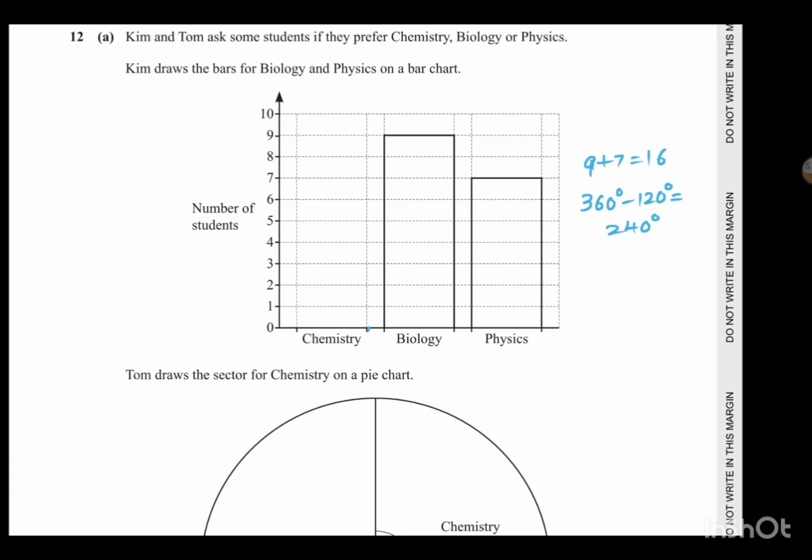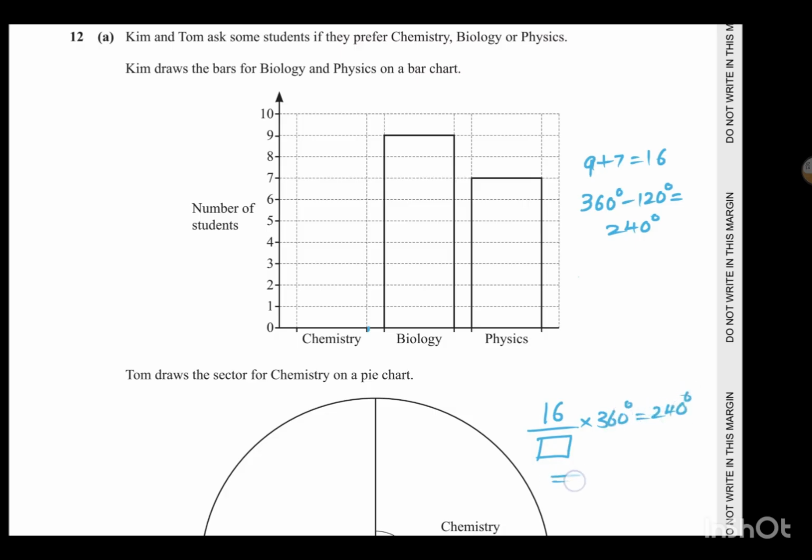Let me show you once again. The number of students who prefer biology and physics is 16 together, and we don't know the total number of students, so let me put one box. Multiplied by 360 is 240.